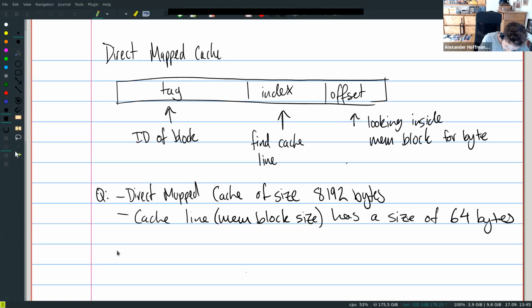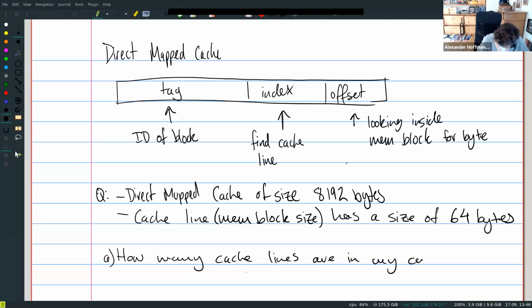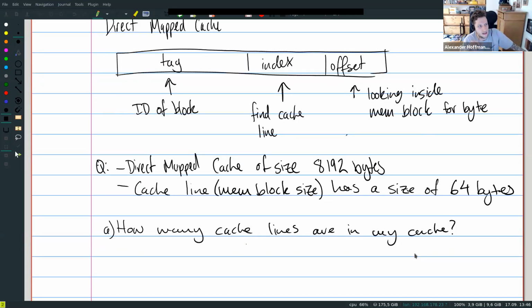Now, this will be the first question: how many cache lines are in my cache? Does anyone know the answer to this? Can anyone tell me? You just have to think about this.